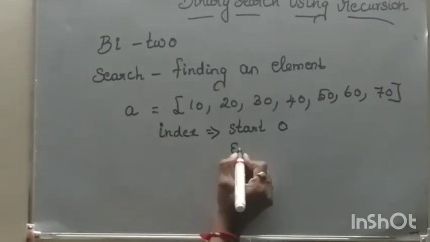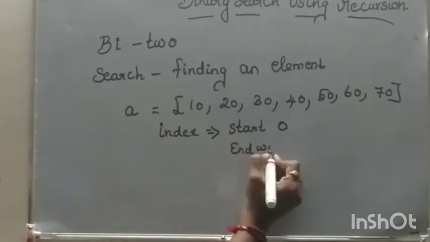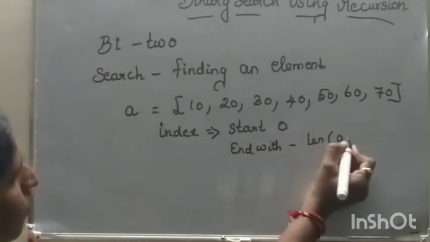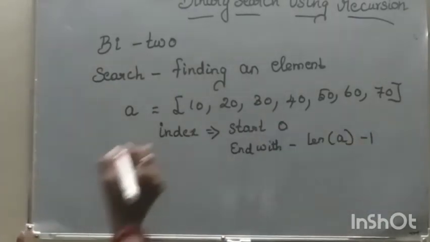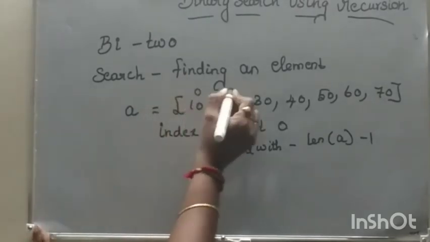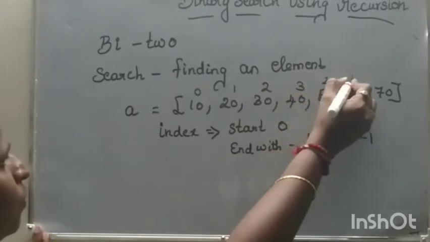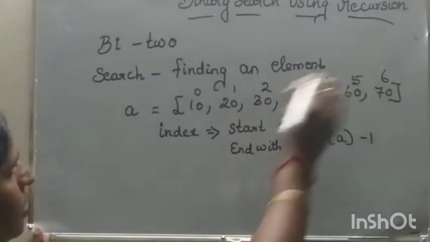Index ends with length of A minus 1. See here: 0, 1, 2, 3, 4, 5, 6.